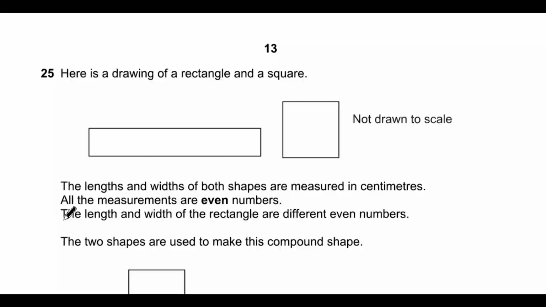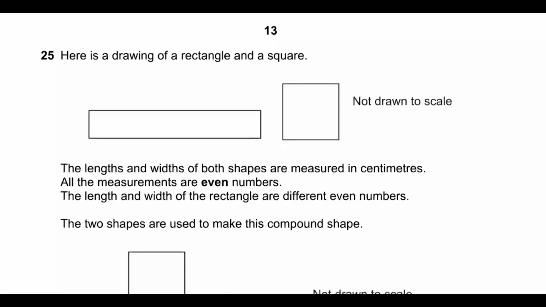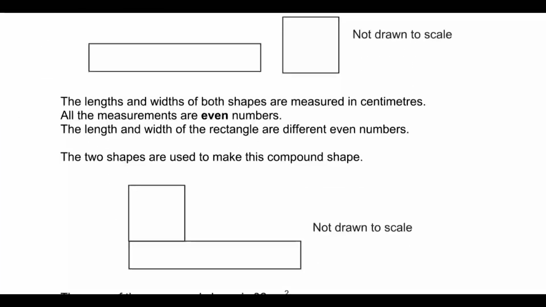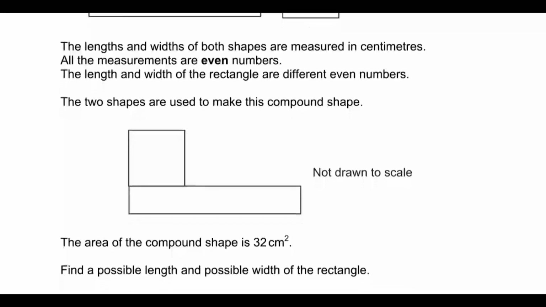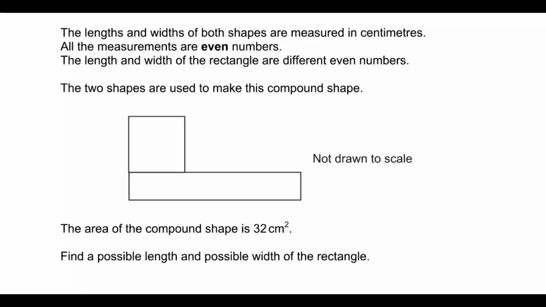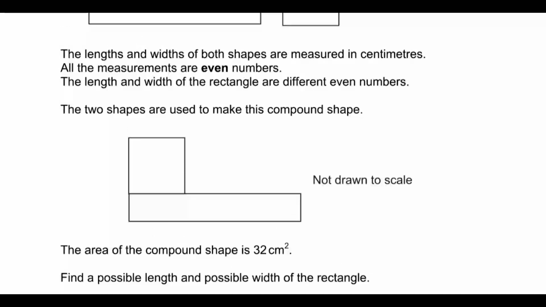The length and the width of the rectangle are different even numbers. The two shapes are used to make this compound shape. Okay, let's go down to C. The area of the compound shape is 32 centimeters squared. Find a possible length and possible width of the rectangle.